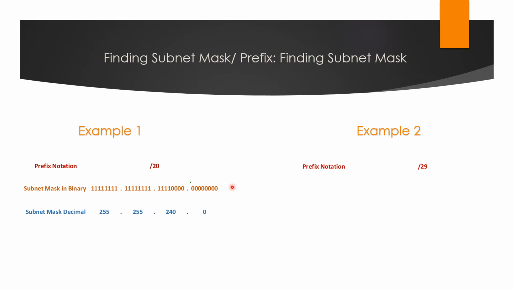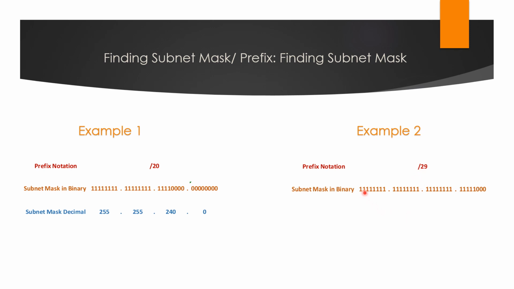Same for example 2, where we have the prefix notation as /29, which means that we will have 29 bits as 1, and the rest of the bits will be 0. Again, we start from the left to the right by adding ones in each octet as much as is shown in the prefix length notation.